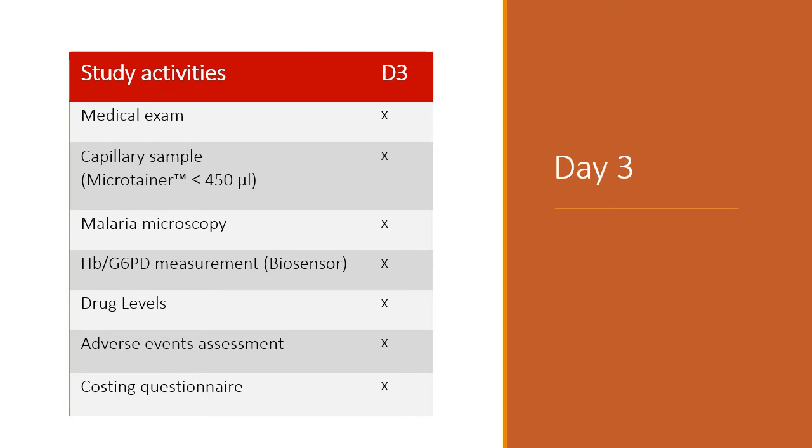Participants will be screened for evidence of hemoglobinuria or dark urine, gastrointestinal intolerance, or other adverse symptoms. At this visit, a capillary blood sample will be taken, and hemoglobin G6PD measurement will be recorded, as well as drug levels in the lab.